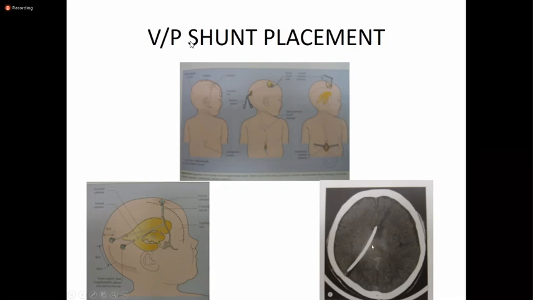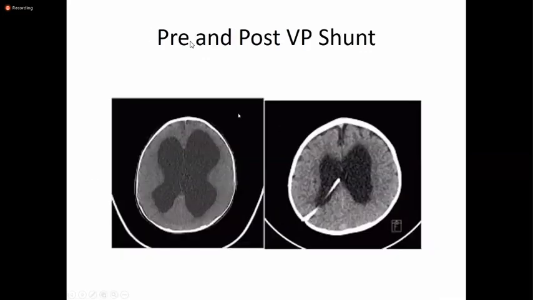You can see on the CT scan the placement of the shunt catheter, and the ventricles have completely come down. They have become slit-like. This is the scan of pre and post-op VP shunt, and again, initially the concept that I had given you regarding sulci, Sylvian fissure, periventricular lucency, basal cistern, you can compare this.